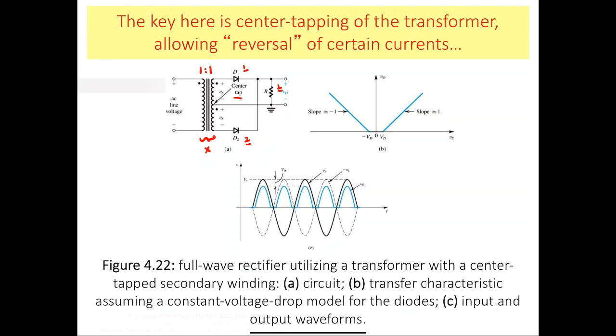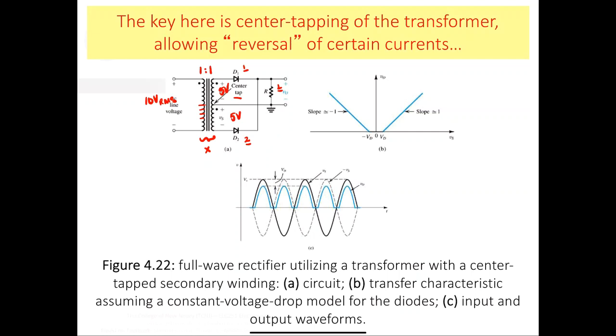Okay, so what happens when we center tap it? Let's say that here we have 10 volts RMS. Center tapping, without going into too much detail, the term really physically describes what we're doing. You can take a connector and connect it to any of these coils along the way. If we clip it in the center, to make a long story short, we're going to end up with 5 volts over here and 5 volts over here.